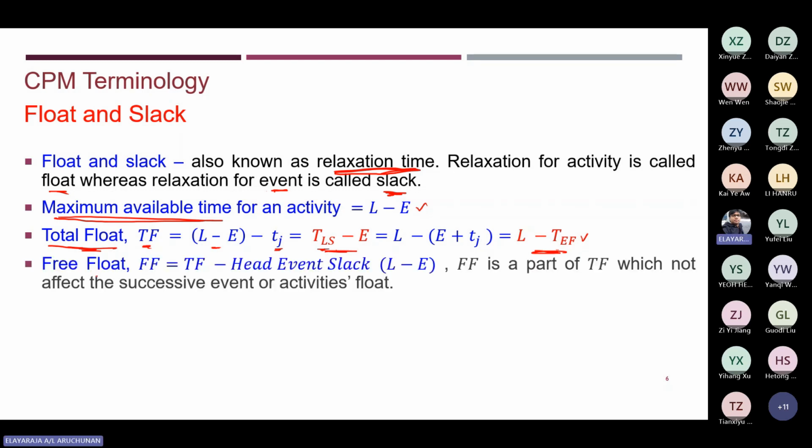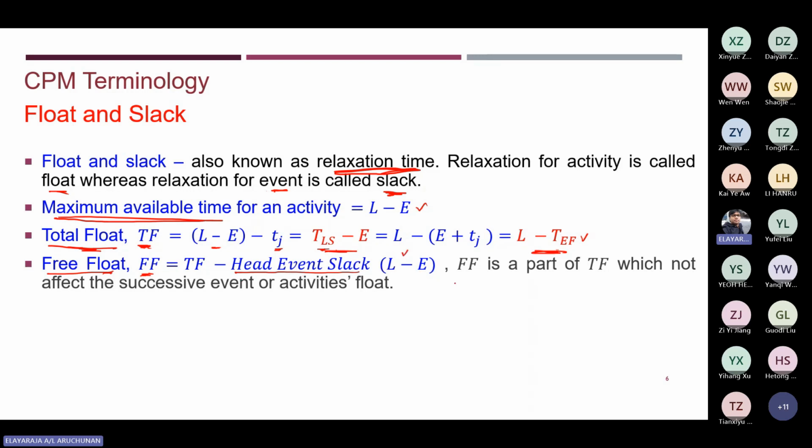Next, we're going to calculate the free float. To calculate the free float, the formula is, we usually denote it with FF, free float, equal to the total float you obtained here, minus the head event slack. The head event slack you get from the maximum available time, L minus E. I'll show you later.